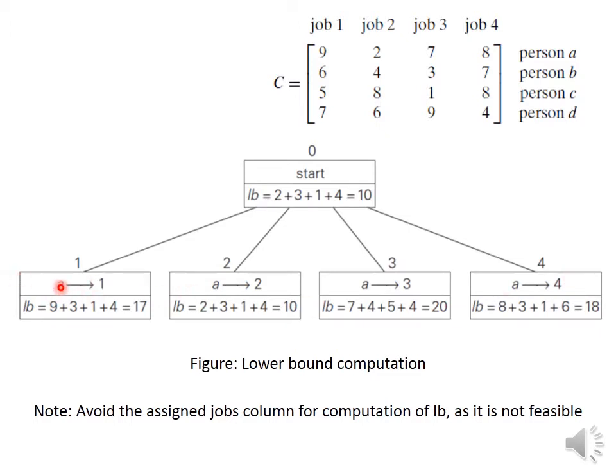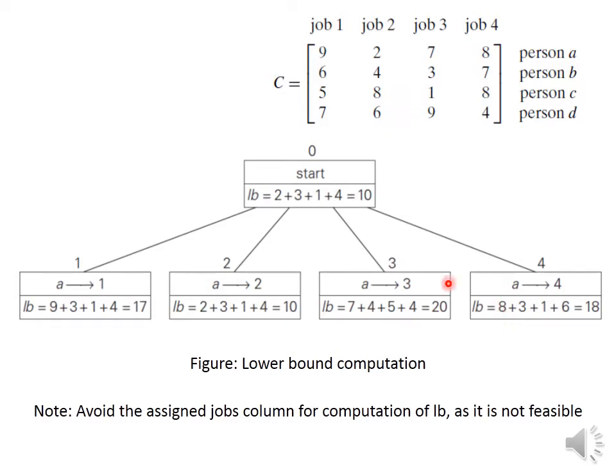Suppose person A is assigned job 1, the cost as of now is 9. If person A is assigned job 2, the cost is 2. If assigned job 3, the cost is 7. If person A is assigned job 4, the cost is 8.